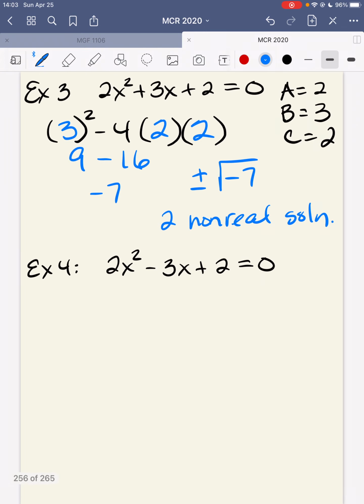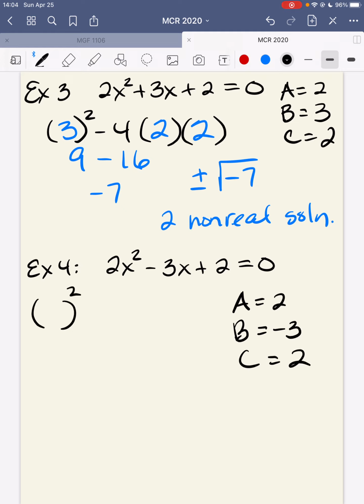All right, example 4 here. I got A is equal to 2, B is equal to negative 3, C is equal to 2. Create my skeleton. Notice I do that every time, so I just plug my numbers in.